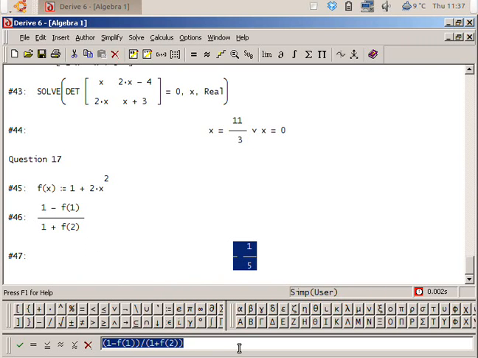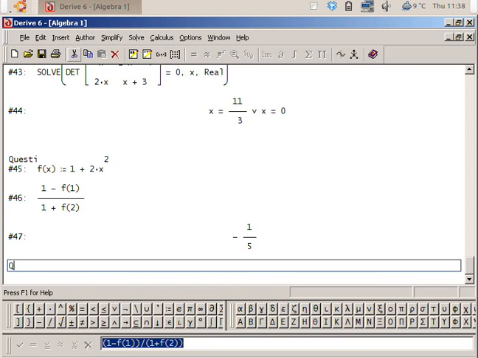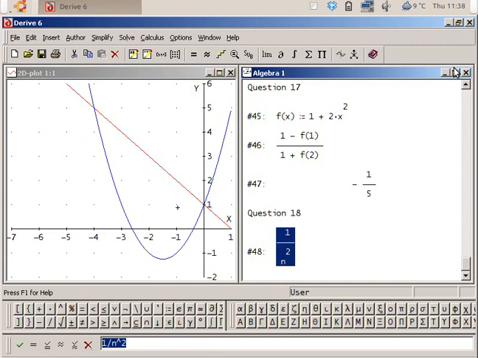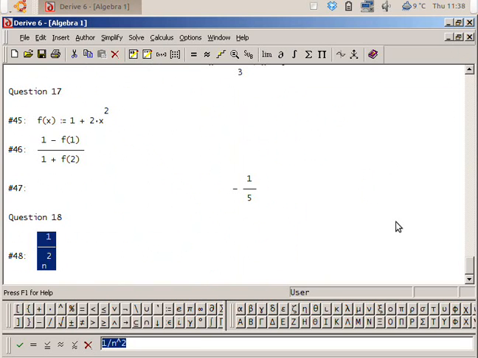Okay. That's 17. 18 now. Right, so for this one, it's 1 over n squared. That's 19. Doing 19. Are you sure?